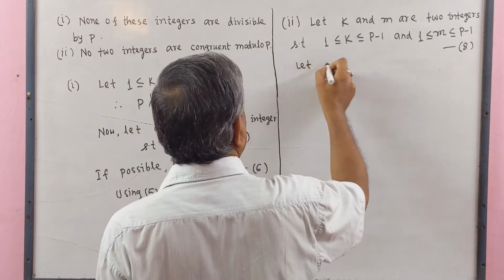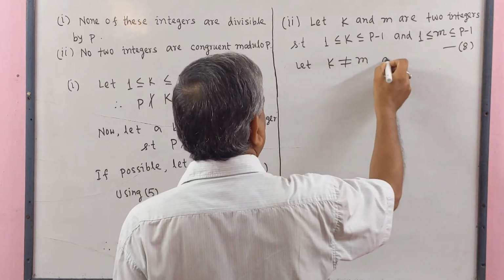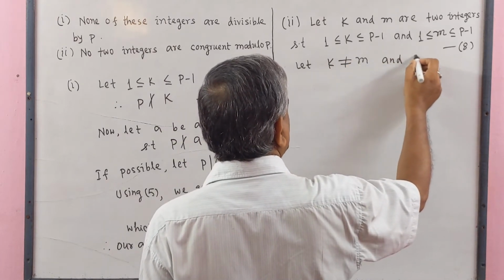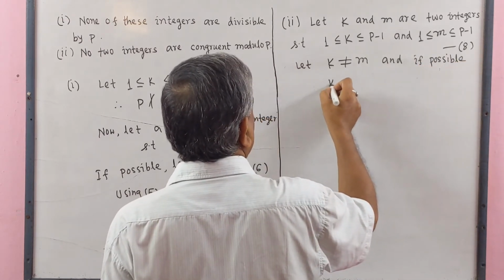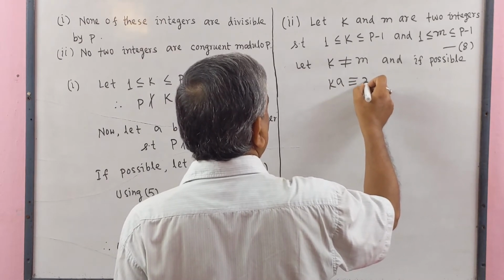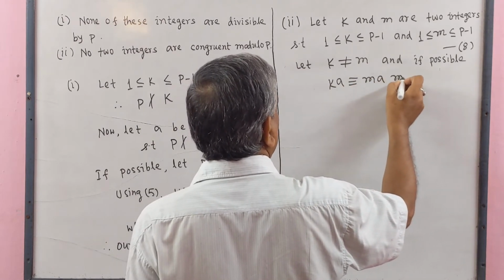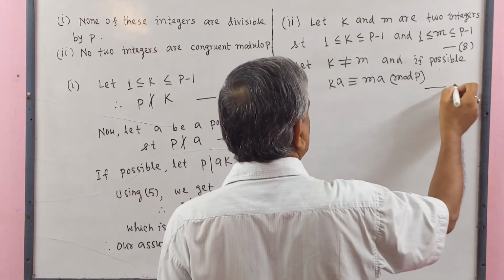Let K is not equal to M and if possible K A is congruent to M A modulo P. Let this is number 9.